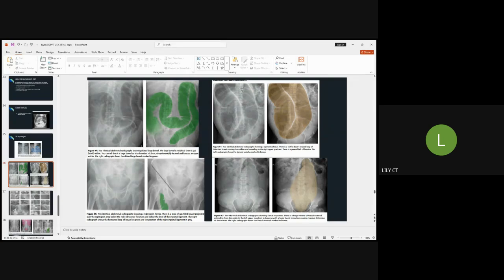You can see it here being highlighted for us. Then we have fecal impaction, a huge volume of fecal matter extending from the pelvis to the left upper quadrant. This can cause distension and inability to pass flatus.